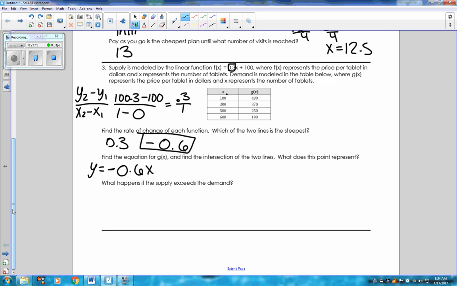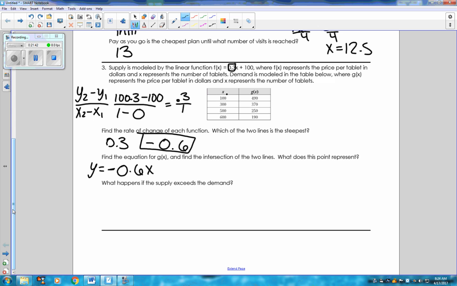To find the y-intercept, if it's not given to you on the graph, we can take our x values, so 100, 300, 500, 600, and our y values, and find the common rate of change.